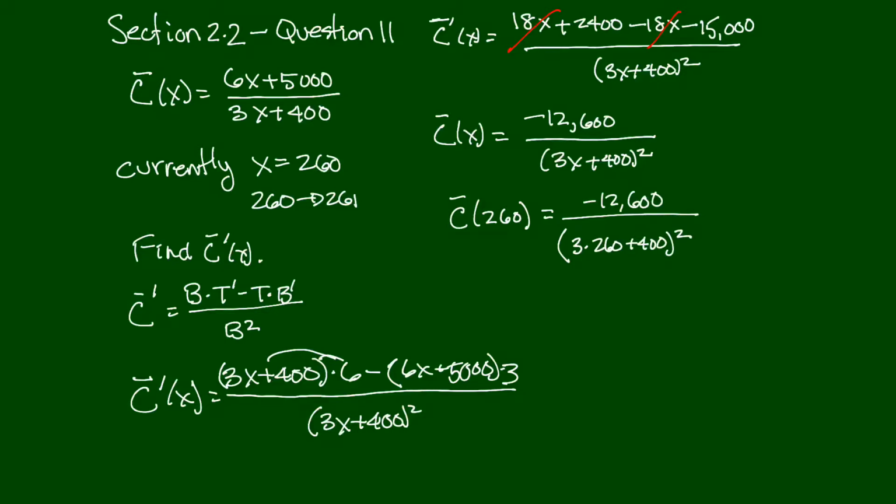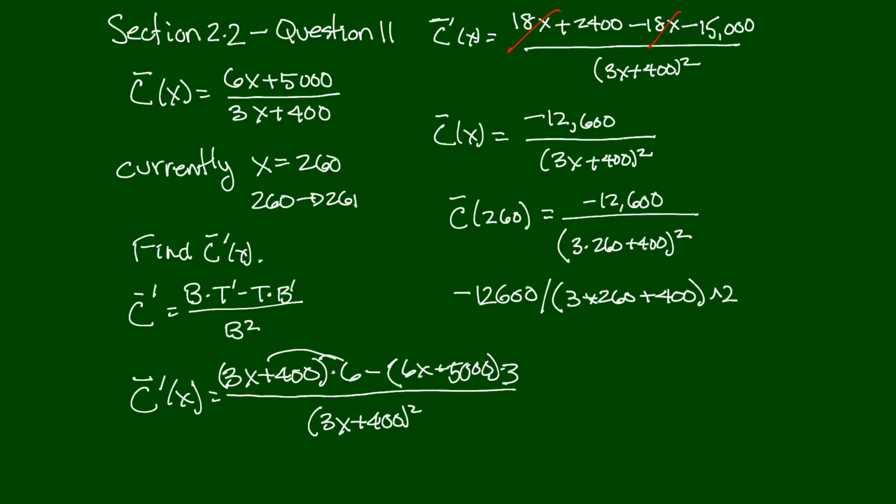This looks like a calculator problem, so I'm going to put it in my calculator. And I put it in like this. Here's what I got: the negative, not the minus sign, right? The negative 12,600 divided by parentheses 3 times 260 plus 400, close, and then I squared that.